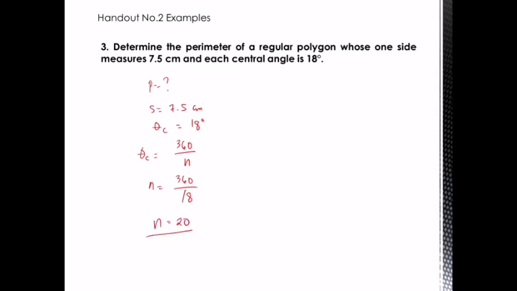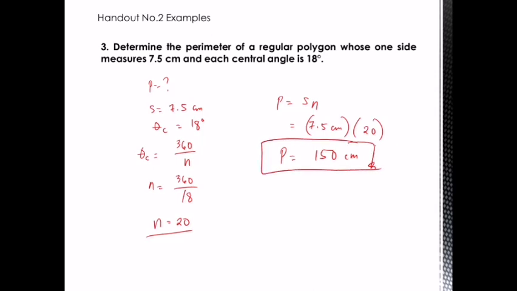So we will use this to find the perimeter. The perimeter formula is Sn. So the measure of one side, 7.5 centimeters, times n, which is 20. So the perimeter therefore is 150 centimeters. Okay. So, that is all for our second handout.